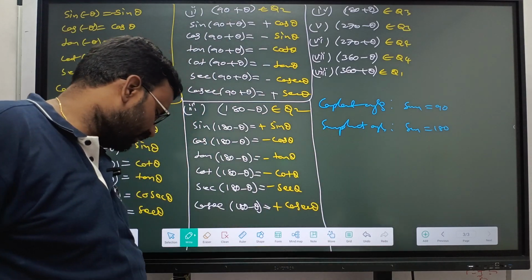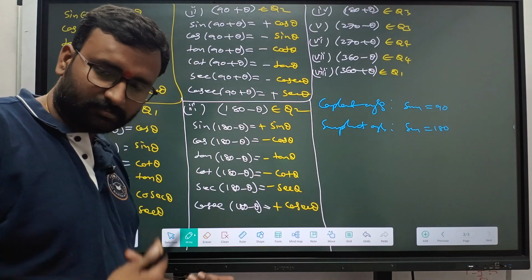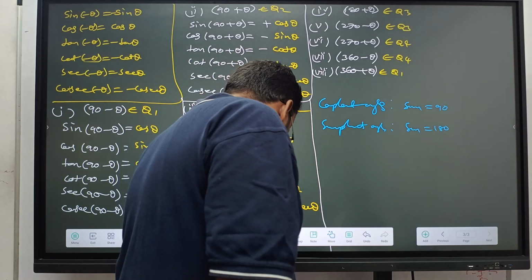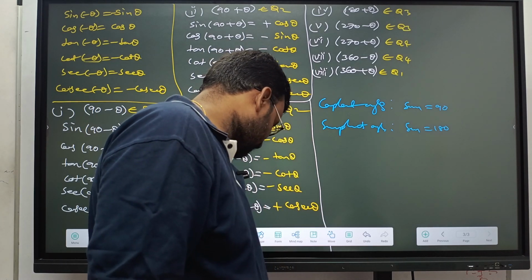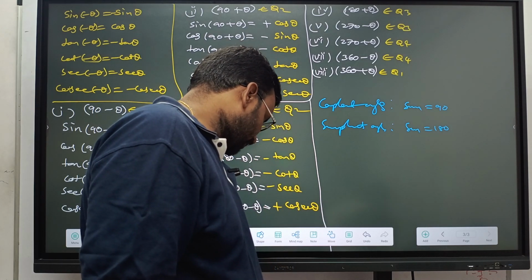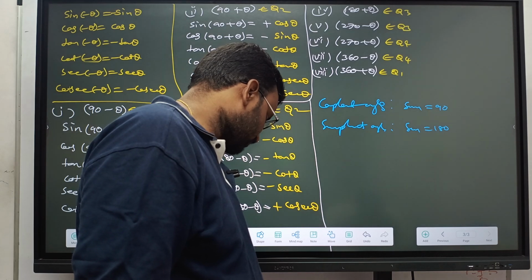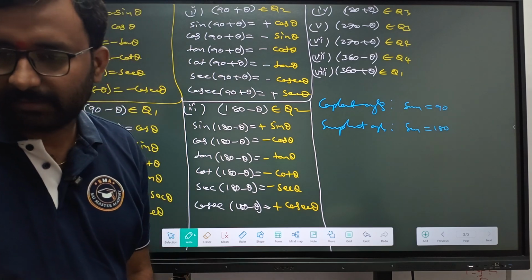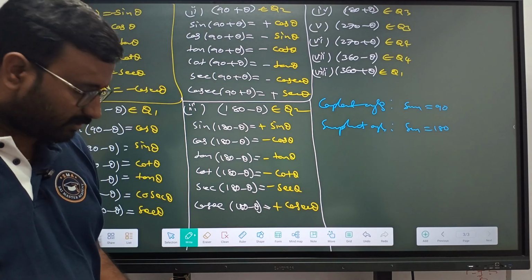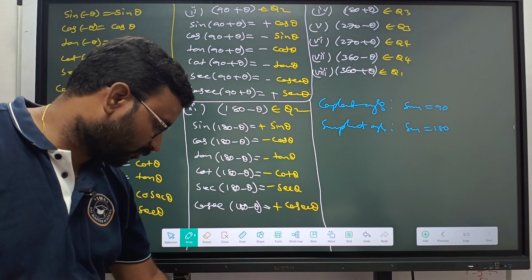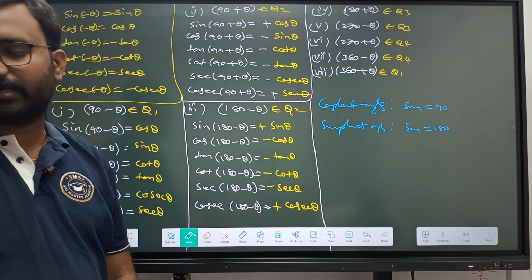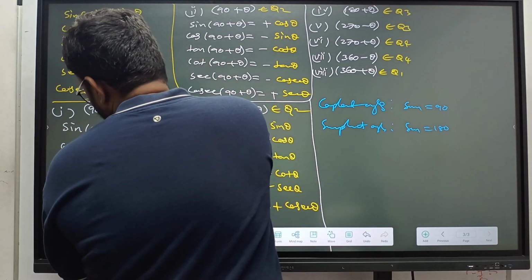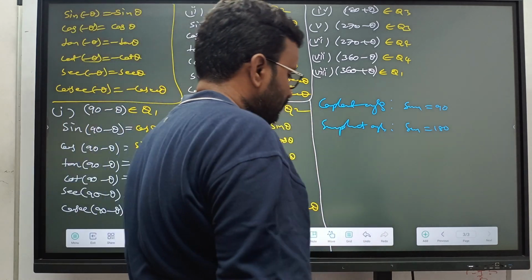First bit, find the values of 1, 2, 3. Practice. Second bit, simplify. Practice. Third one is the question: find the value of sin square pi by 10, sin square 4 pi by 10, sin square 6 pi by 10, sin square 9 pi by 10. The angles are all different. That is an example question, and that is also very easy. You can solve it, take it as classwork, not homework.